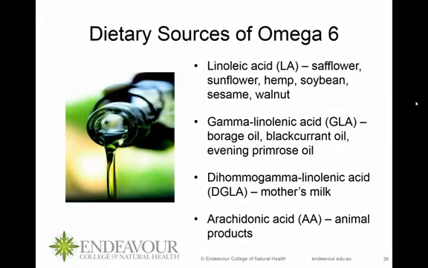Dietary sources of omega-6. Linoleic acid: safflower, sunflower, hemp, soybean, sesame and walnut. Gamma-linolenic acid: borage oil, blackcurrant oil, evening primrose oil. DGLA: mother's milk, and arachidonic acid in animal foods.